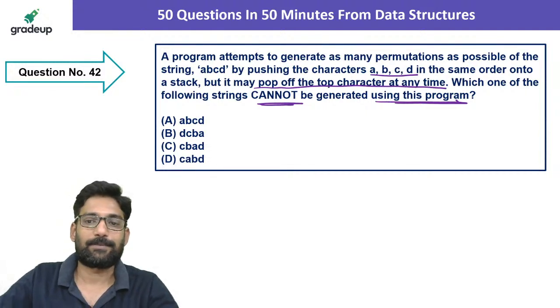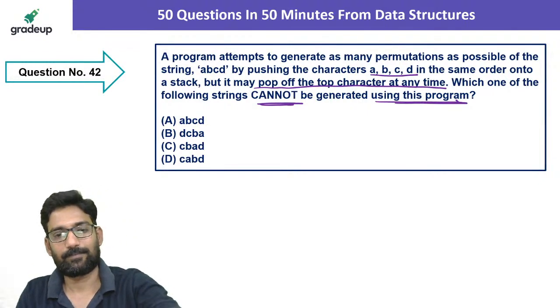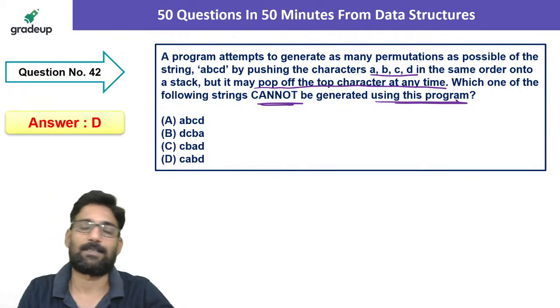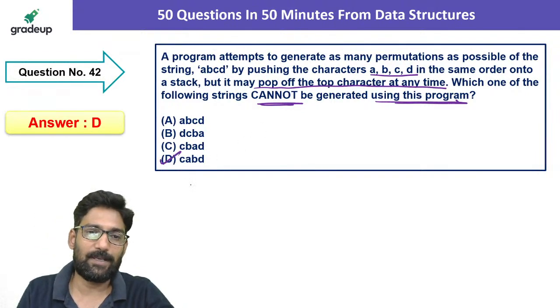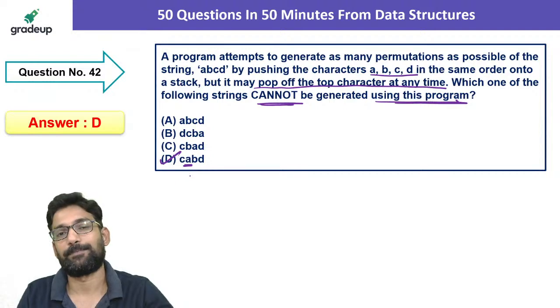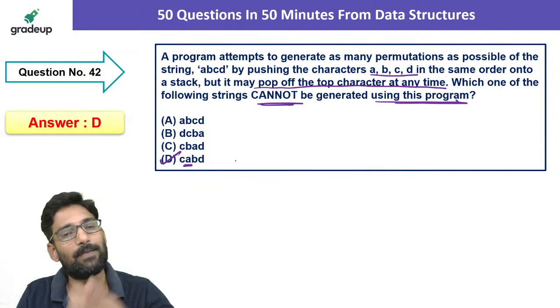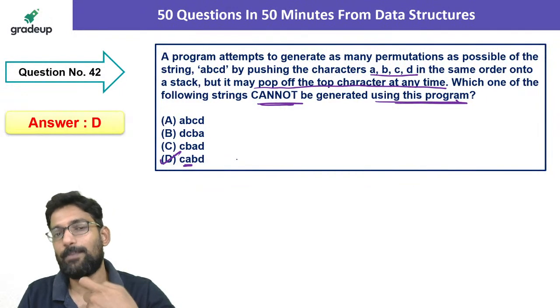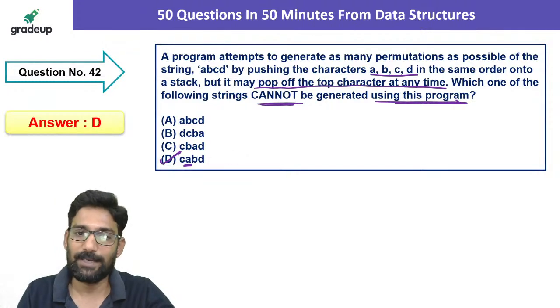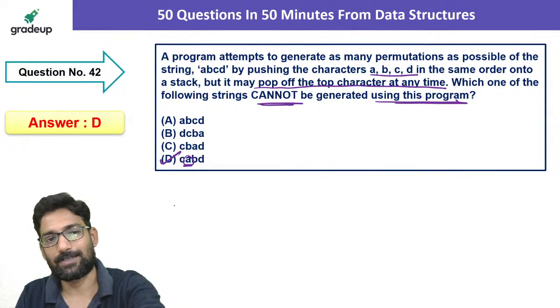Come on guys, which cannot be generated? Yes, CABD we cannot generate, because after C how will A come? You push A, push B, push C, pop C will come, then when you pop, B will come. But how is A coming? So this is wrong. Okay, next question.